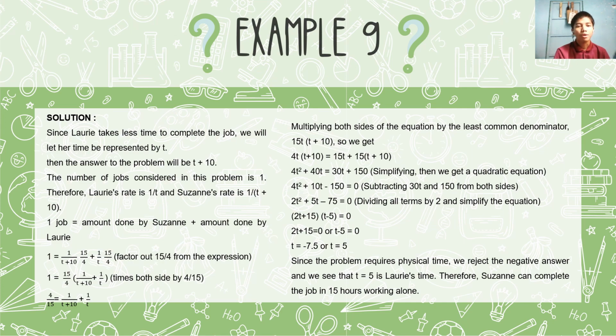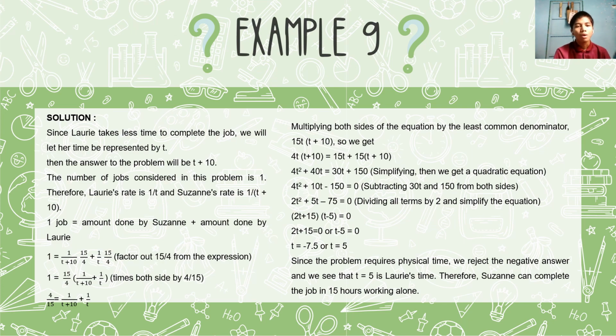One job equals the amount done by Susan plus the amount done by Laurie. So 1 equals 1/(T+10) times 15/4 plus 1/T times 15/4. Factor out 15/4 from the expression. So we got 1 equals 15/4 times (1/(T+10) plus 1/T). Multiply both sides by 4/15.